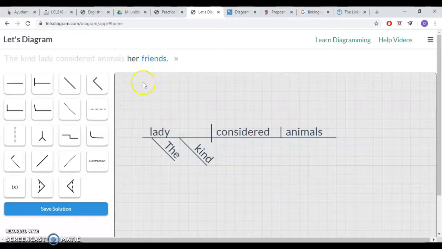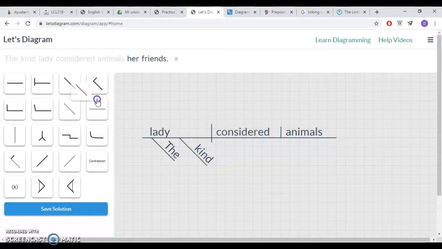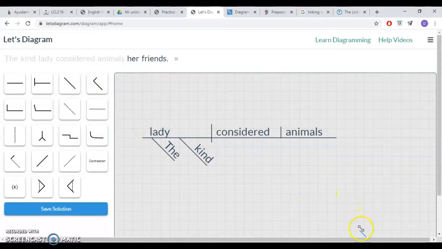And now what is her friends? Her friends is saying something. It's complementing an element within the sentence, but it's not the subject. In this case, her friends is complementing animals, okay. She considered animals her friends. Her friends is complementing animals, so we're going to add one of these again.